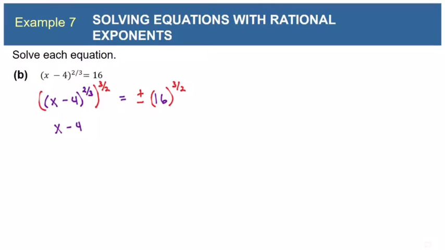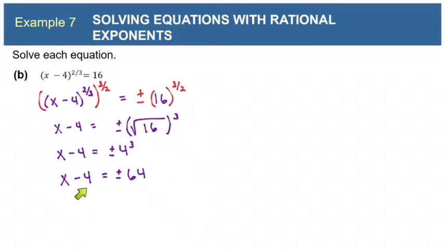So what I would do, I guess, is let's write this in radical form. Square root of 16 to the 3rd power. And again, we put the power outside because it's easier to do the root than it is the power. So the square root of 16 is going to be 4. And then the 3rd power of 4 is 64.